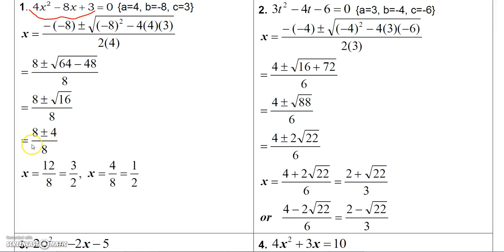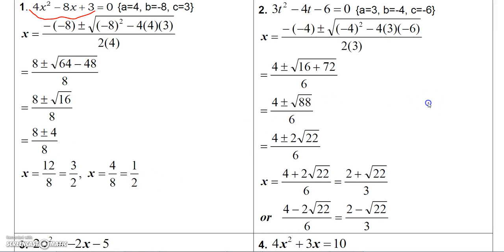And then we can find out what each of these are going to equal, because this is going to give us two answers. We'll get 8 plus 4, which is 12 over 8. And 12 over 8 reduces to 3 halves. And then we also get 8 minus 4 over 8, which is 4 over 8. And 4 over 8 reduces to 1 half.